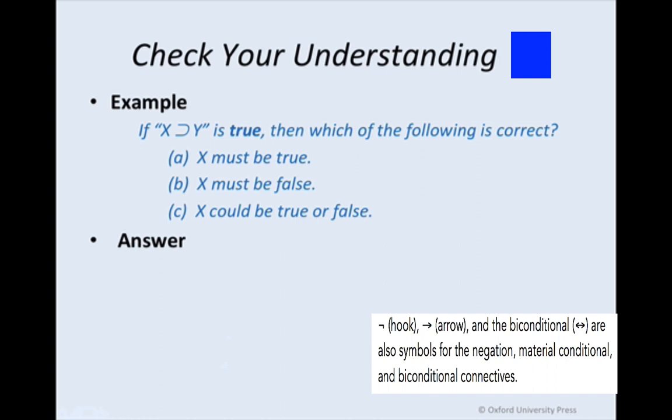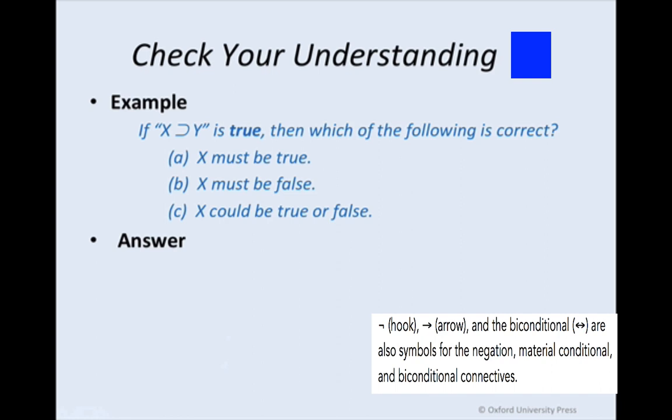So do you recall that the conditional is false in one and one case only? Do you remember what that is? If not, go back and take a look at your notes or follow along. If the antecedent is true and the consequent is false, then the sentence is false.